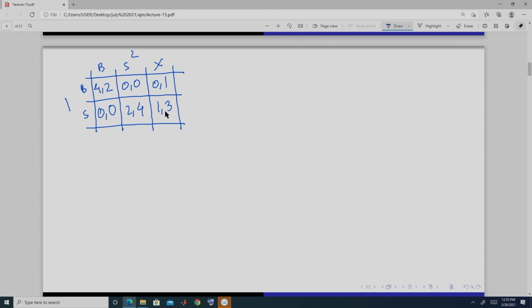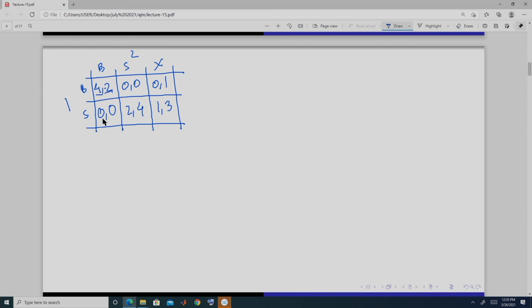So, this is the game. Now, if you look at this game, if player 1 plays B, then the best response for player 2 is to choose B, because 2 is greater than 0 and 1. And if it chooses B, then it is this. So, this is one Nash equilibrium.